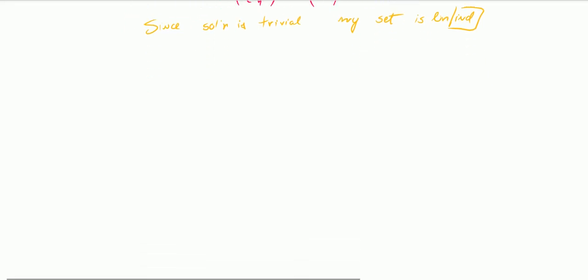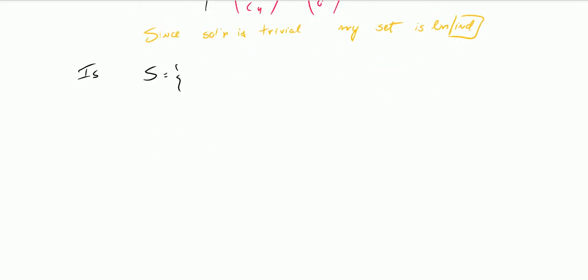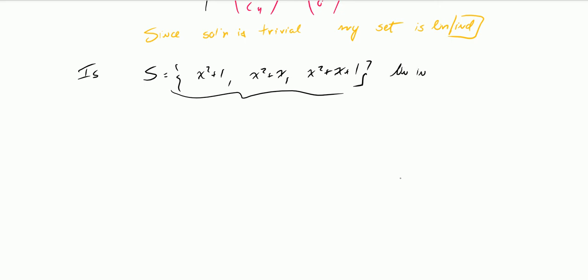So I want to check if S is equal to x squared plus 1, x squared plus x, and x squared plus x plus 1. So this is my set. In this case, it's polynomials. Is my set S linearly independent or dependent?